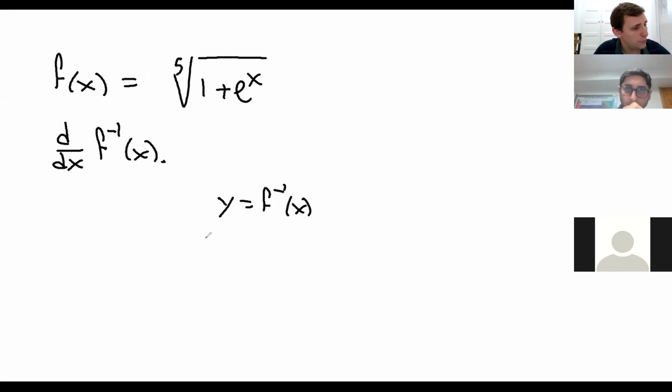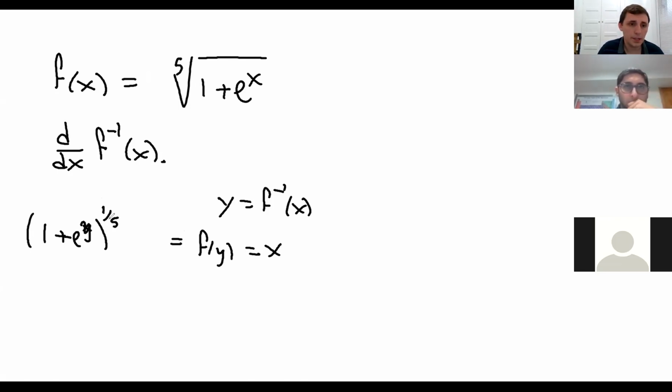So that means that f of y is equal to x, but on the other hand equals 1 plus e to the power of y, to the power of 1/5. Yes? What's the derivative?